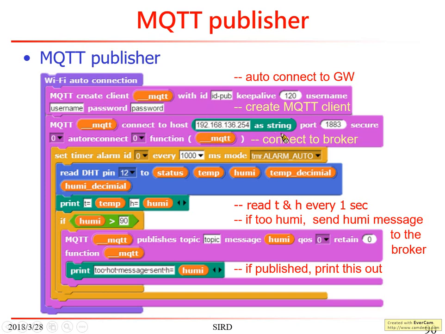If you use an IP, then you have to change all these numbers to strings, something like that, and use port 1883. This is an unsecure connection. And then you can have callback functions as we mentioned, and you put your callback function here.